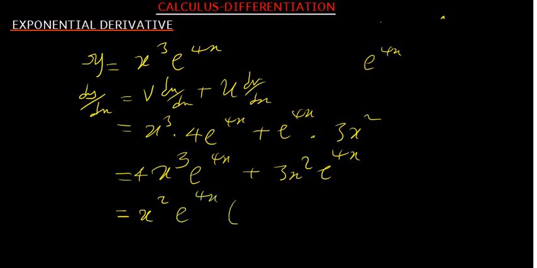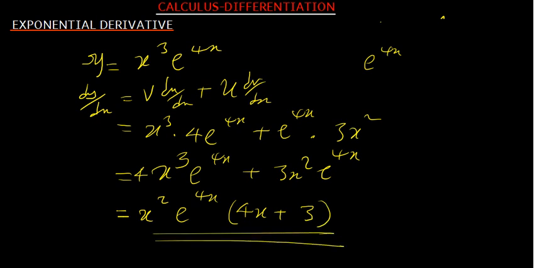What we are going to remain with is 4x, because it was 4x cubed but we've just removed x squared, and then the other portion just remains 3. So this will be the derivative for this problem.